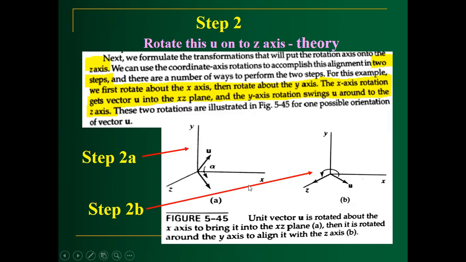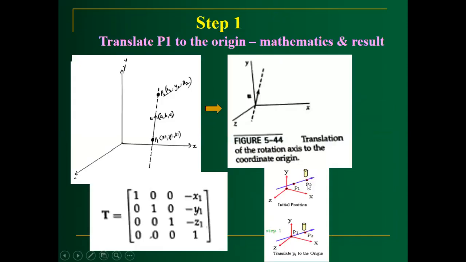Next, since we have this xz plane, we will rotate this u dash, the output of 2a, anti-clockwise such that it will now coincide with the z-axis. I'll repeat, all we want is for P1 to stay here and P2 to come onto the z-axis. The z-axis means x-axis rotation should happen and y-axis rotation should happen.